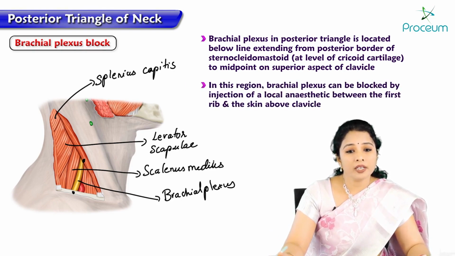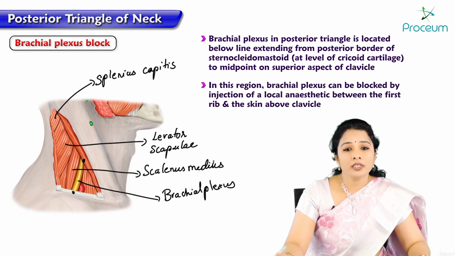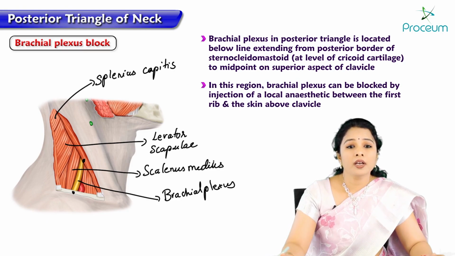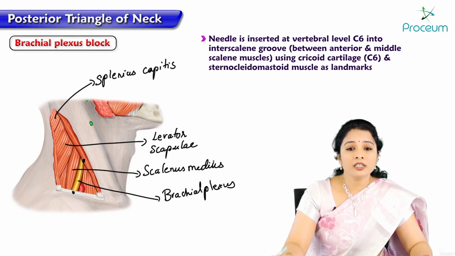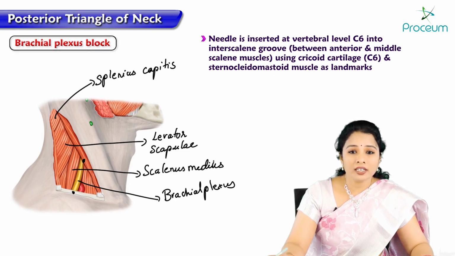In this region, the brachial plexus can be blocked by the injection of local anesthetic between the first rib and the skin below the clavicle. So the needle is inserted at the vertebral level, that is at the C6 vertebral level, into an interscalene groove between scalenus anterior and scalenus medius.